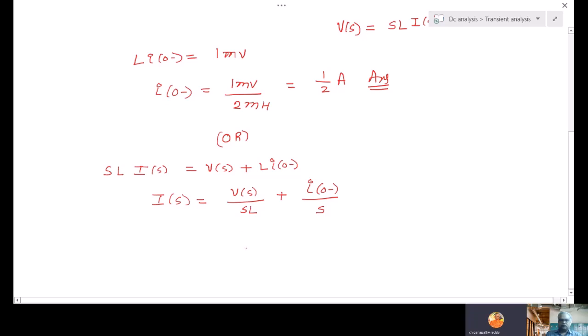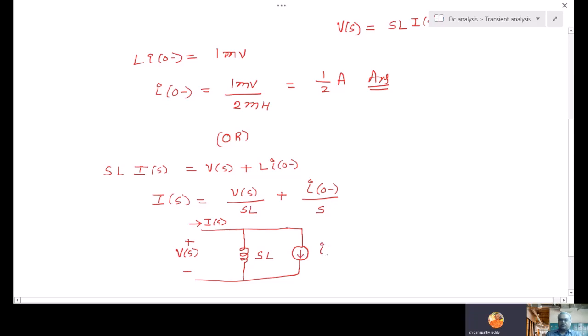So how to draw the parallel equivalent in S domain. So here this terminal as usual V of S. This current is I of S. So when I write current, it means nodal equation. I of S equal to V of S by SL. So this must be SL. Then again another current source. What is this current direction? Downward.